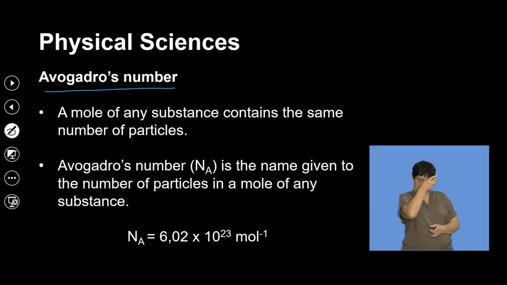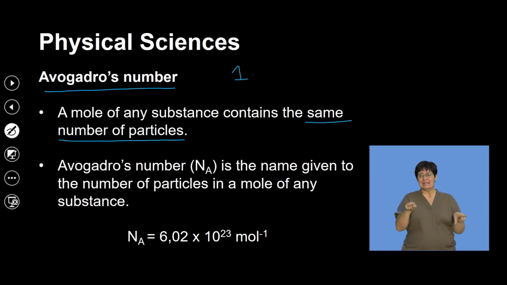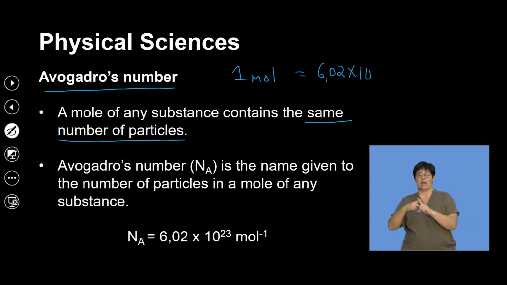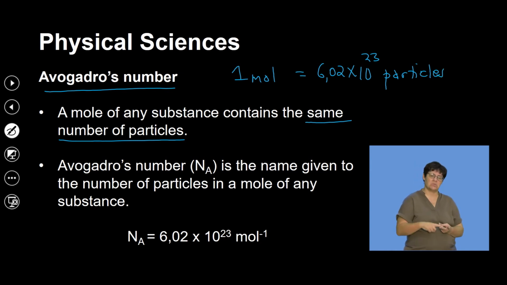So a mole of any substance contains the same number of particles. 1 mole of any substance is equal to 6,02 times 10 exponent 23 particles, whatever that is. We agreed that it can be atoms, molecules, ions, formula units, it doesn't matter.